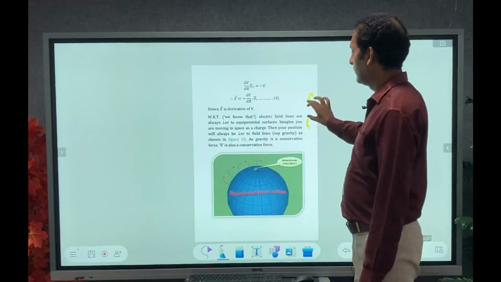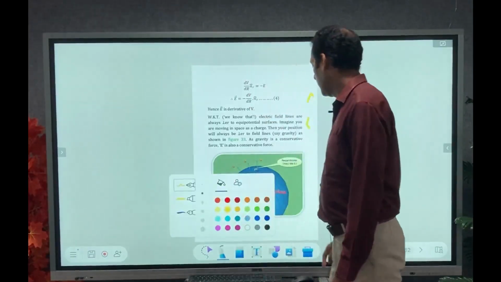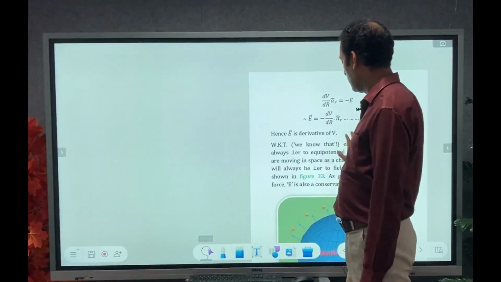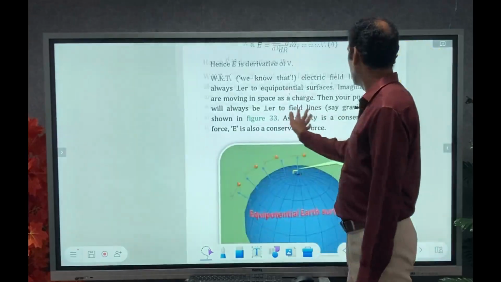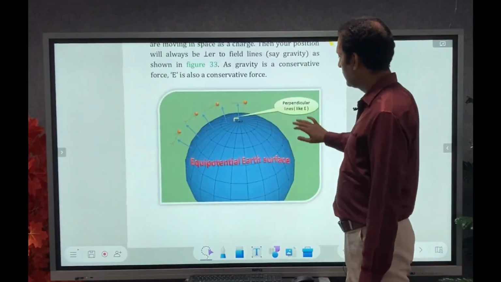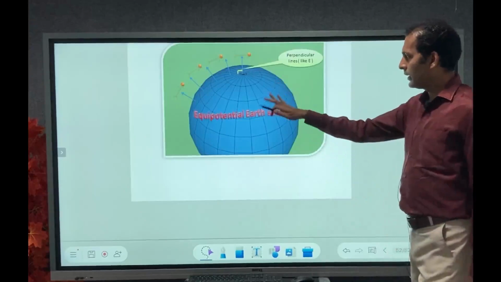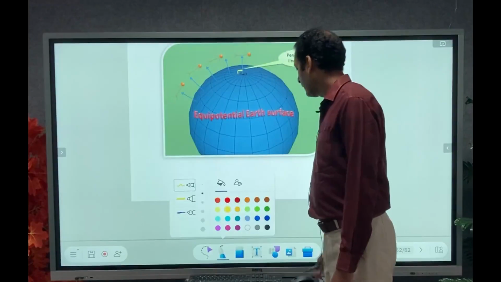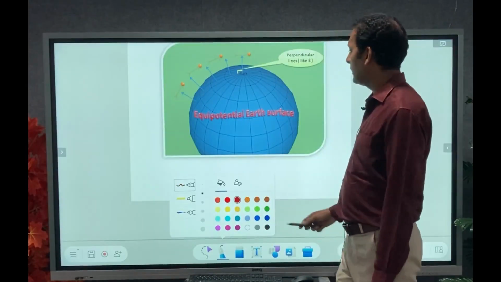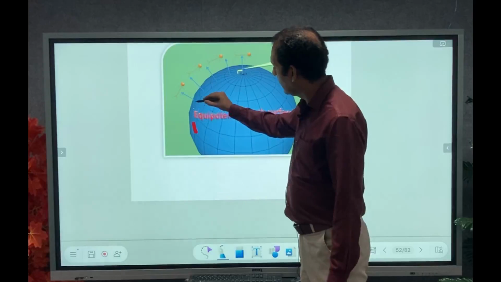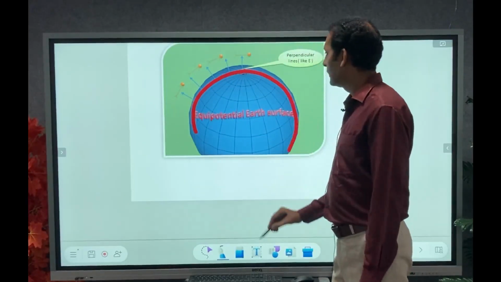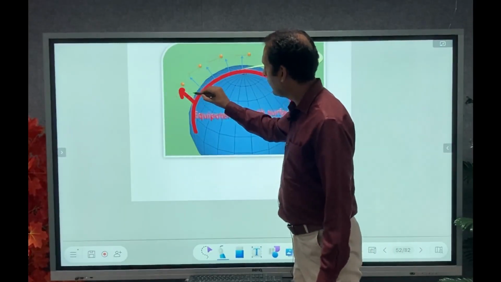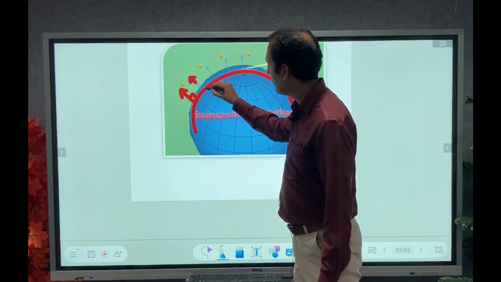So now, from our earlier discussion, let us discuss the equipotential surface. Now let us consider this 3D diagram. Here we are considering one charge, a very big charge present on a surface, we are equating it with the earth surface. Suppose this is equal everywhere, then there will be electric field lines always perpendicular to the surface of charge.